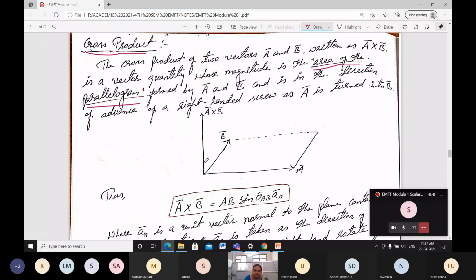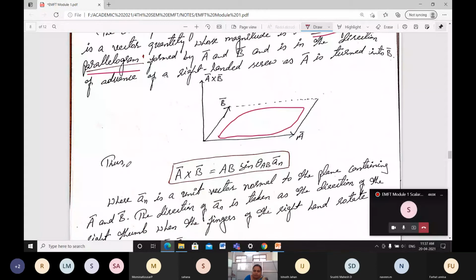What that means, I will tell. This is vector A here and vector B here. This is our cross product, A bar cross B bar, and this is the area, the parallelogram. Observe here: A cross B is A times B, the two lengths.